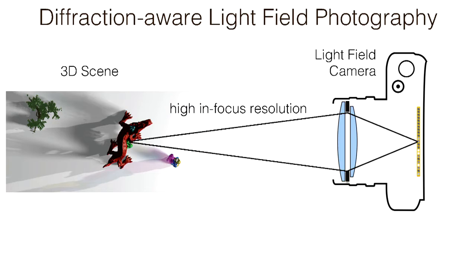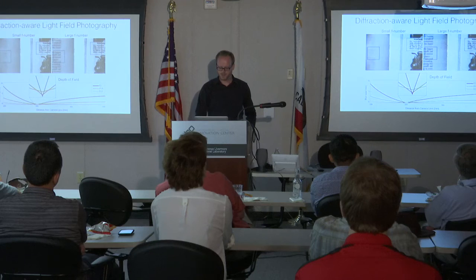So then our idea was, okay, we can probably capture a small pinhole aperture on the outside and then make them bigger and bigger so that we get the high in-focus diffraction-limited resolution, but we get the large depth of field from these pinholes on the outside and the parallax at the same time. So it's kind of like this.